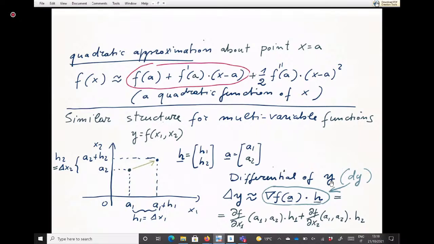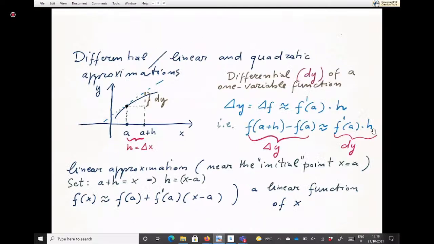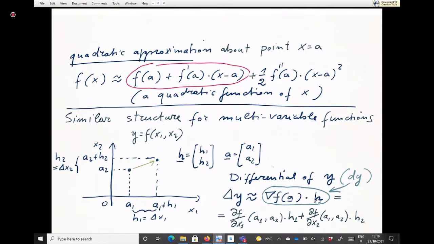So it is the partial derivative with respect to x1 times h1 plus the partial derivative with respect to x2 times h2, okay? Which means gradient times h, and here we have derivative times h. Gradient times h is the same.